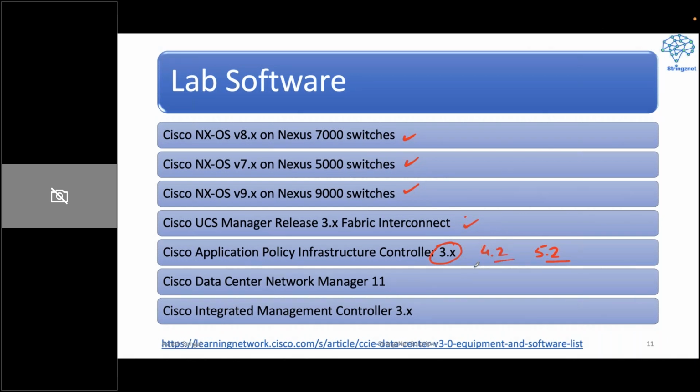For the purpose of our ACI, the version we will work on is the latest, version 5.2. This is the version I have fallen in love with, because all the bugs which I noticed and suggested many times to Cisco offline are mitigated in this version.